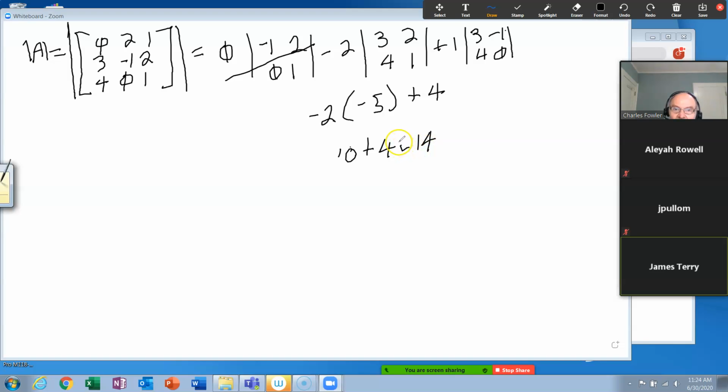Now, that leads me to want to ask another question. I don't think we've hit this yet. But if the determinant is 14, remember, in 2x2s, if the determinant was anything other than 0, then that matrix could be reduced.